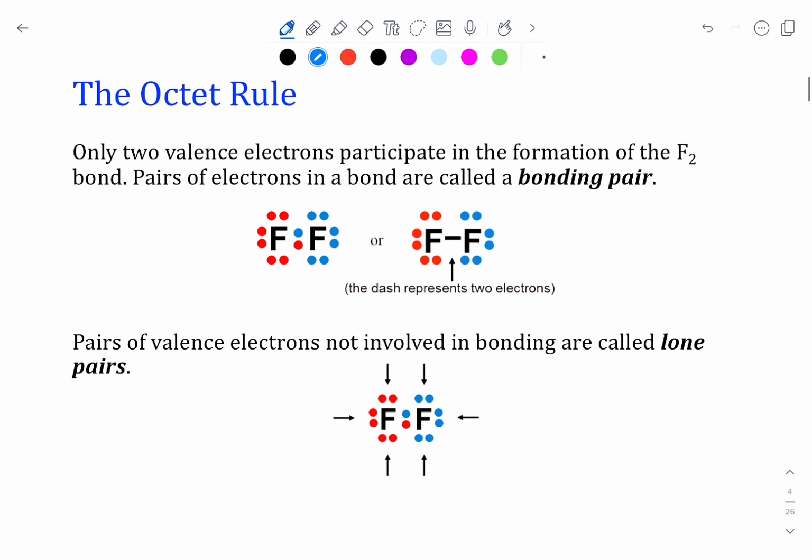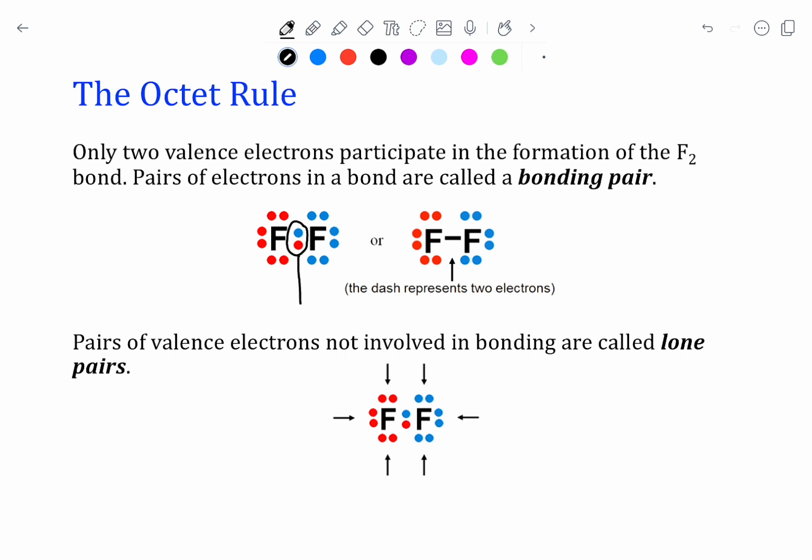so let's quantify how our electrons are participating in bonding using the octet rule. What we were talking about with fluorine F2 previously, only 2 of its valence electrons were participating in the formation of the F2 bond. So remember, just these two valence electrons were the ones that formed the bond. The pairs of electrons that form a bond are called a bonding pair.